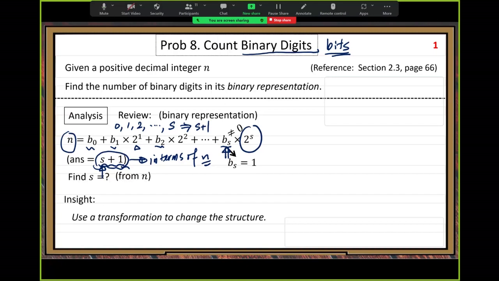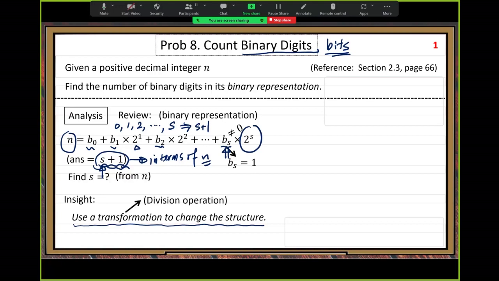In order to find the relationship between s and n, we need to use a transformation to change the structure. We need to manipulate the structure and try to extract some useful information in our transformation.